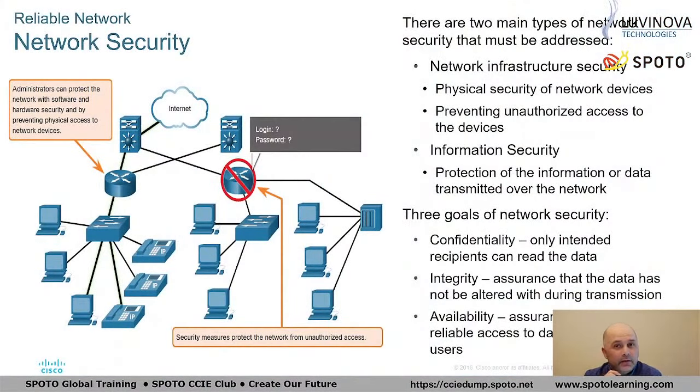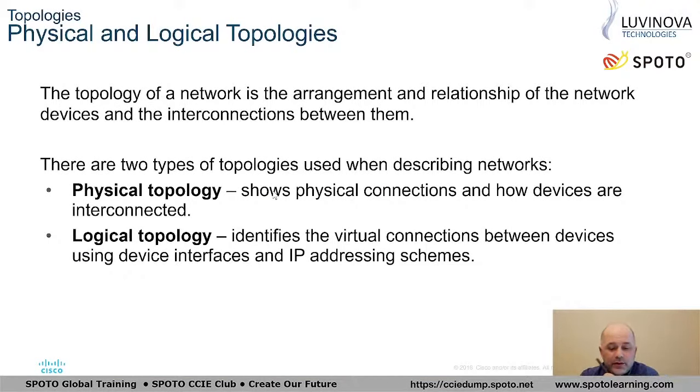We're going to talk a little bit about topologies. The topology of a network is the arrangement and relationship of the network devices and the interconnections between them. We already know there are physical and logical topologies. Physical shows the physical connections: where they're located, which rack, which room, which shelf.